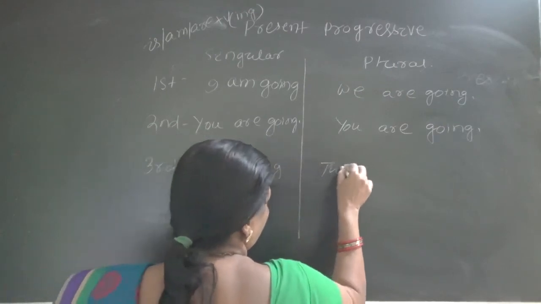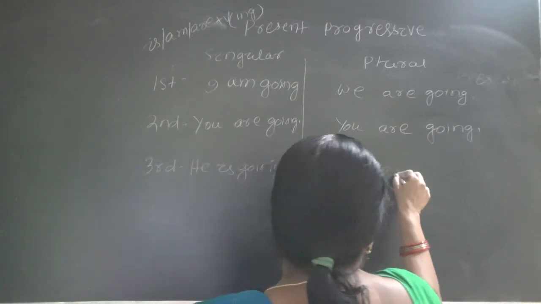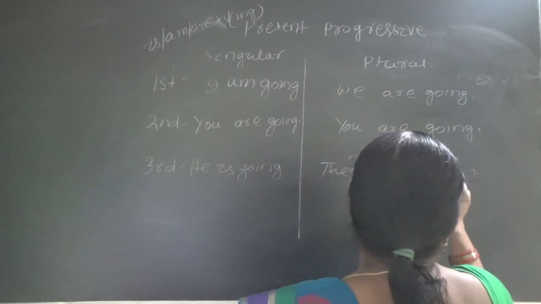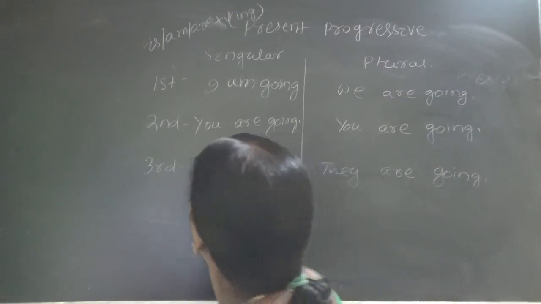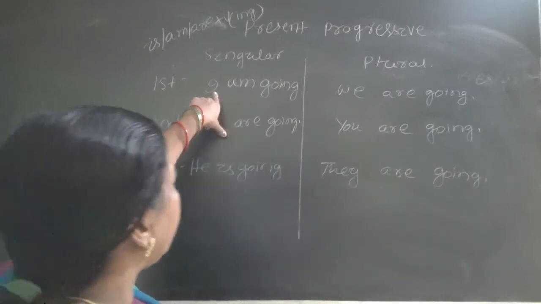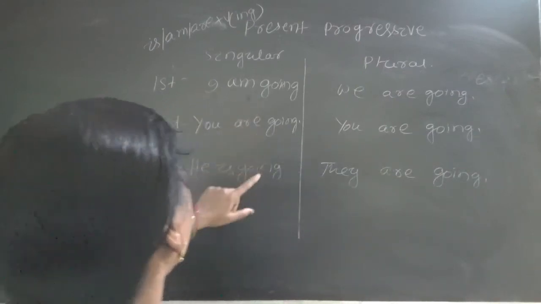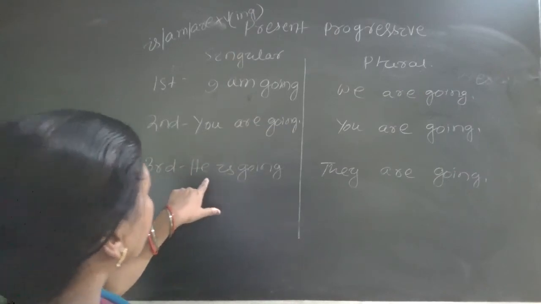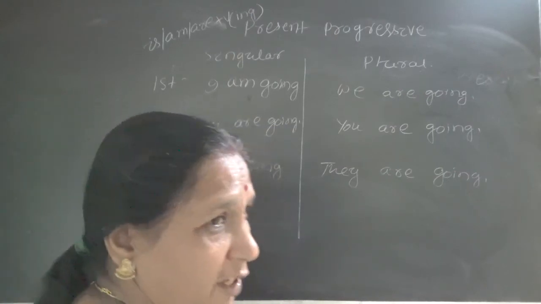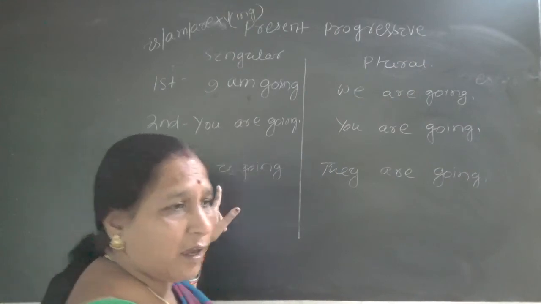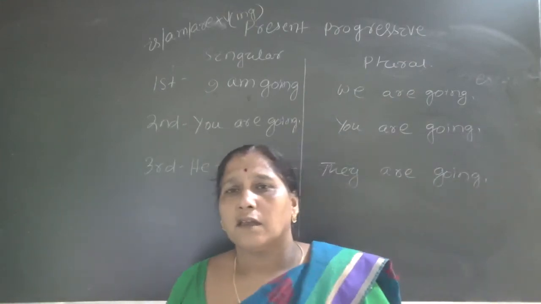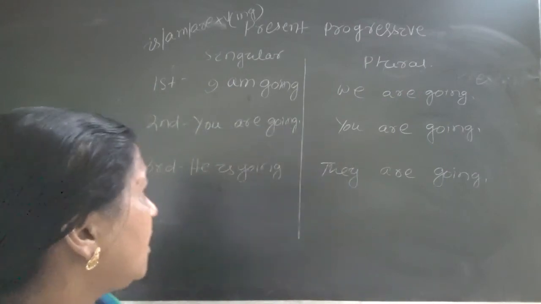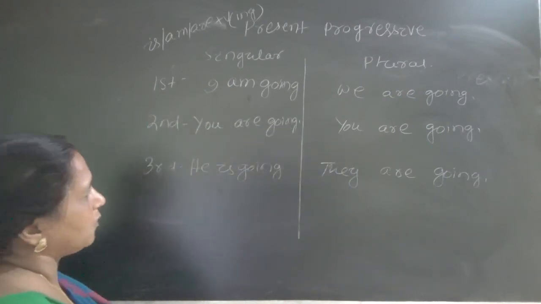They are going. The first person singular number I takes am, and the third person singular number he or she takes is, and the rest of the numbers take are as the auxiliary verb or helping verb.